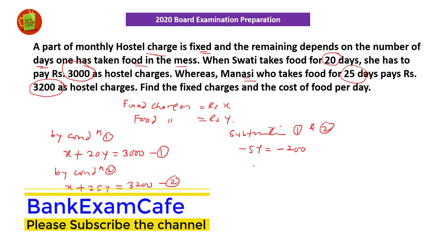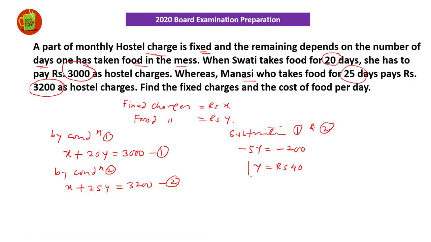And therefore Y will be equal to rupees 40. 5 4s are 20. So the food charges is rupees 40.